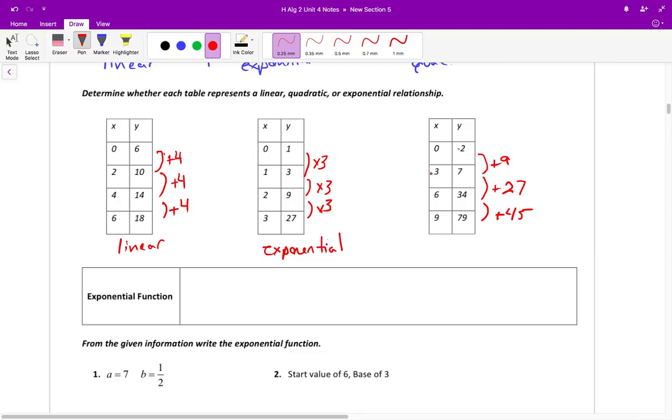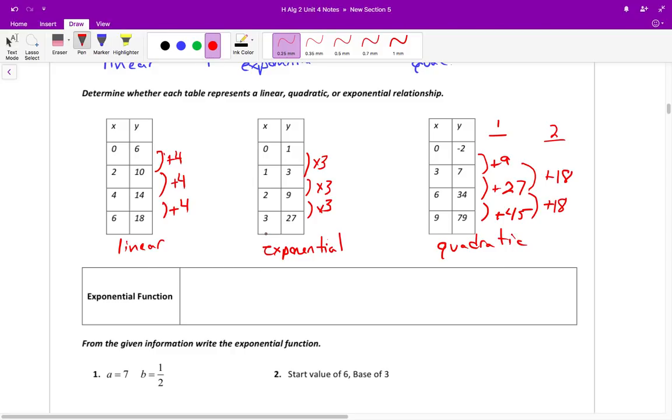Now, what you do to see if it's quadratic is you take each of these numbers, 9, 27, and 45, and you look for a pattern between those. So from 9 to 27, you add by 18. To get from 27 to 45, you also add by 18. So if you notice the second common difference, not the first one, is a pattern, meaning that now you've got a quadratic function.